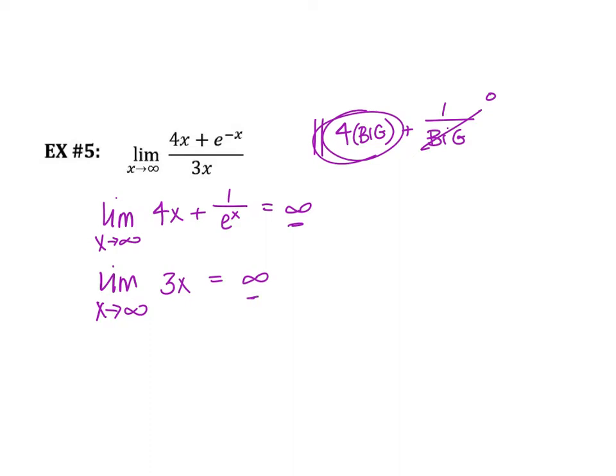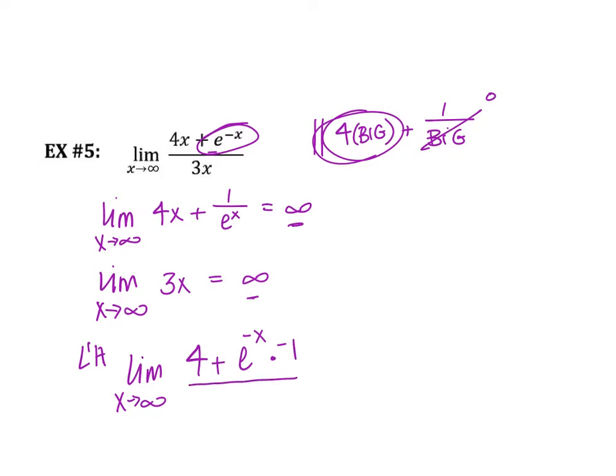So we are going to apply L'Hopital's rule. And so we have to be careful when we do the derivative there. We do have the limit as x approaches infinity. The derivative of 4x is 4, and then here the derivative of e to the negative x, that is still going to be e to the negative x times the derivative of negative x, which is negative 1, and then that's going to be over the derivative of 3x is 3.